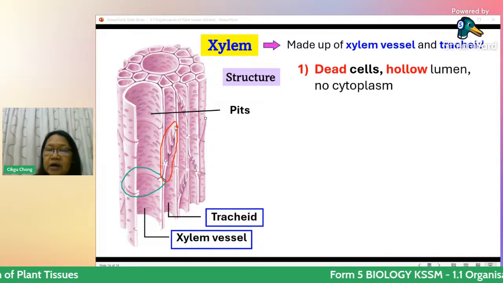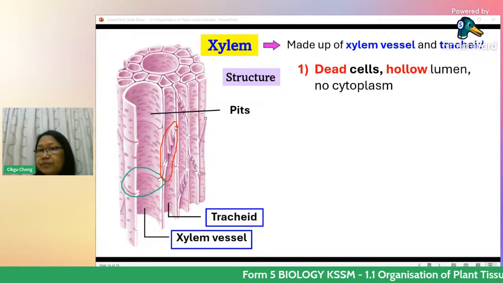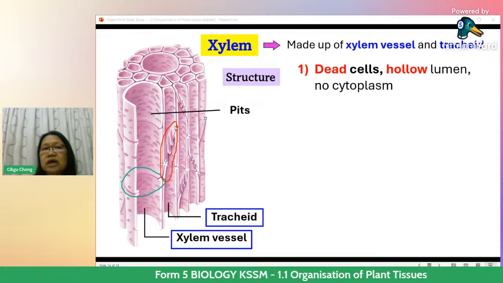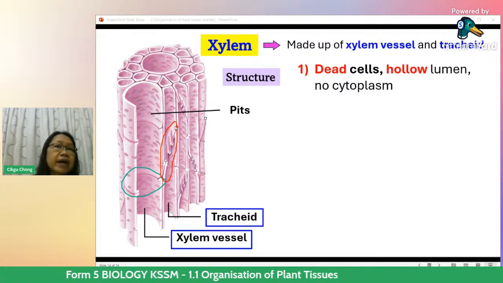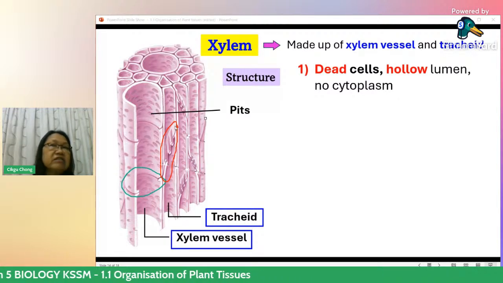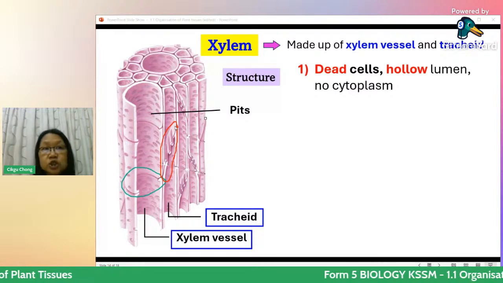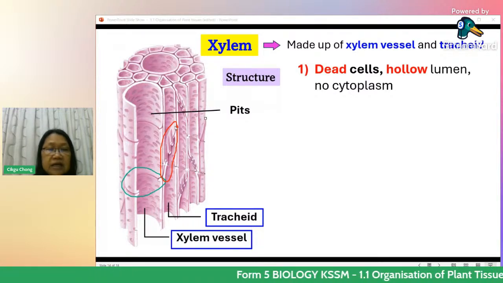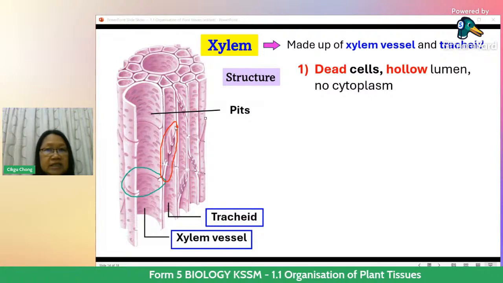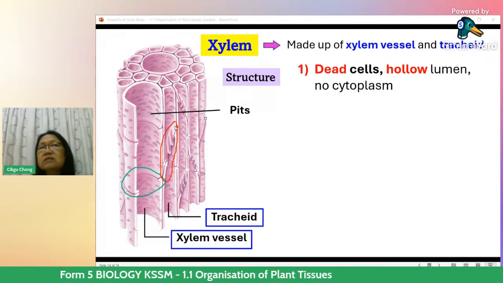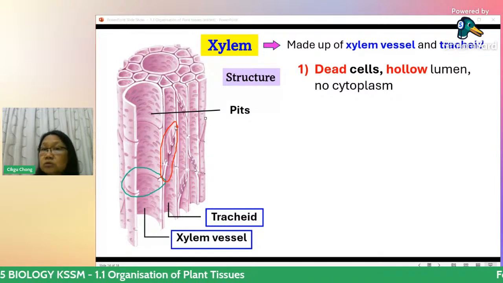Now, how do you describe xylem? They're actually dead cells. In the beginning, when they were formed, there is a nucleus and cytoplasm. So when they're young, they are not dead. But when they mature, the cytoplasm dries up, no more cytoplasm, no more nucleus.